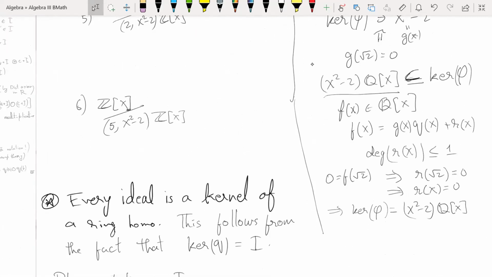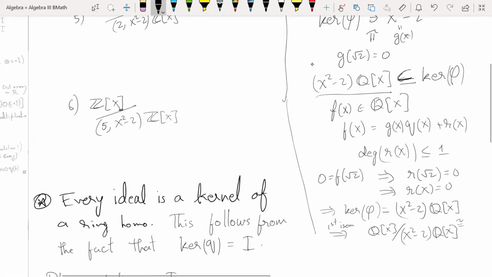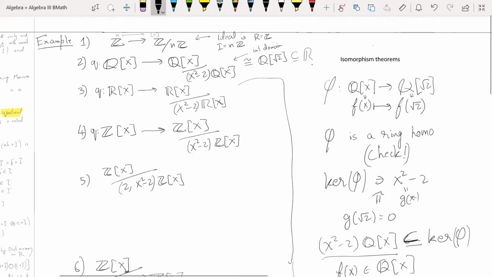So from here, the first isomorphism theorem will tell you that Q[x] mod (x squared minus 2)Q[x] is isomorphic to Q[square root 2]. Okay, so this subring.